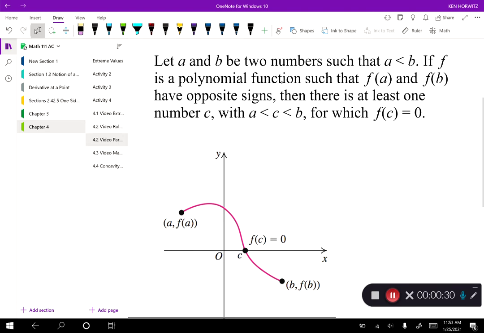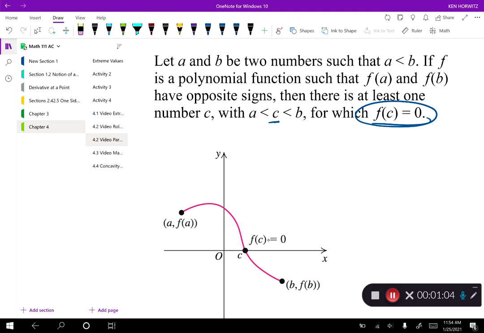It says, let A and B be 2 numbers such that A is less than B. If f is a polynomial function such that f of A and f of B have opposite signs, then there is at least one number C in between A and B. All right. Now, this definition is tailored so we can find maybe a 0 of the function, but we don't have to. We just know that there is a number C in between, right, where f of C does exist.